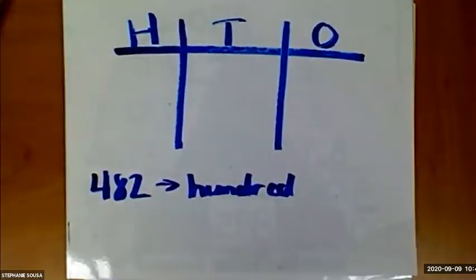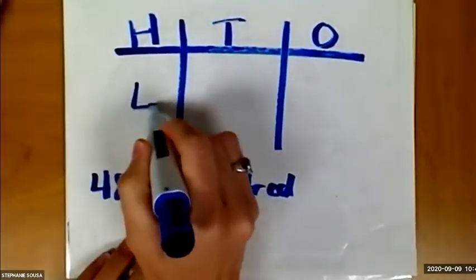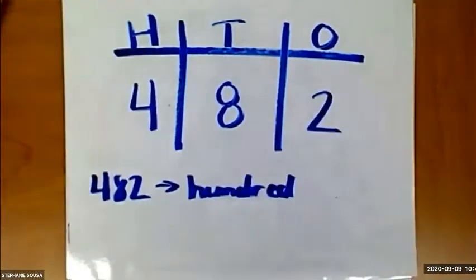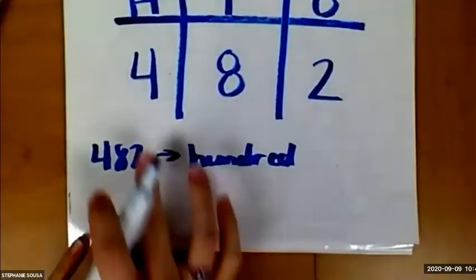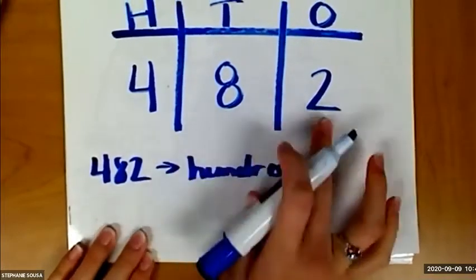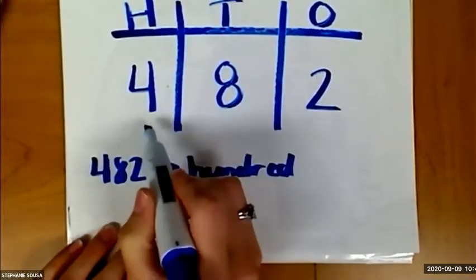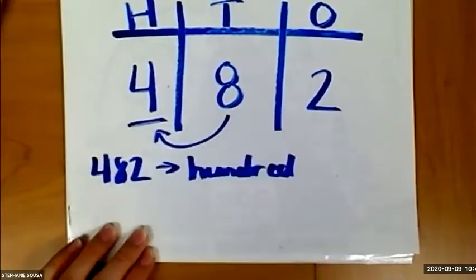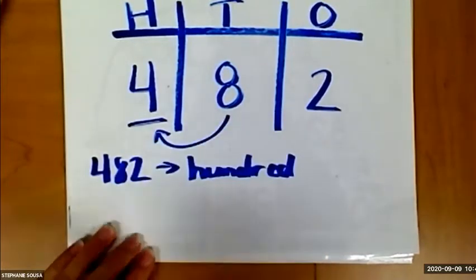When we round to the 100, we need to have a benchmark number that says 100, okay? So 482, we have a 4 in our hundreds, an 8 in our tens, and a 2 in our ones. When we are rounding to the hundreds, our tens place to the right will tell us what to do.